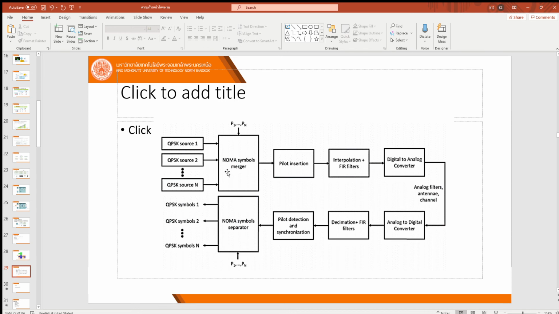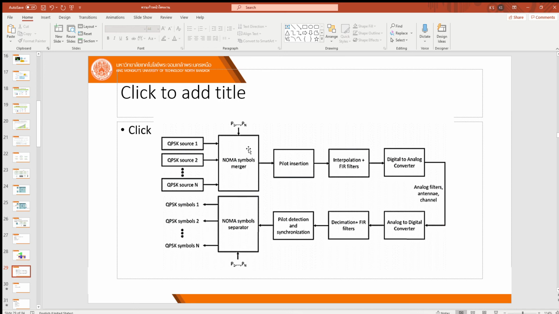Because you did the normal symbol merger, you have to do a normal symbol separator in order to remove the normal symbol from the signal. Then you have the original signal, which is QPSK symbol 1 to symbol N. And this is where we use the normal symbol.